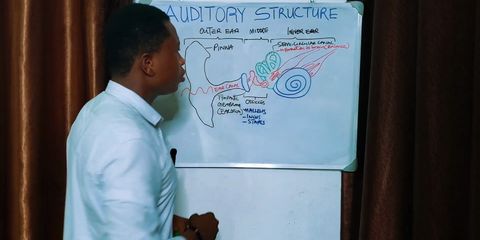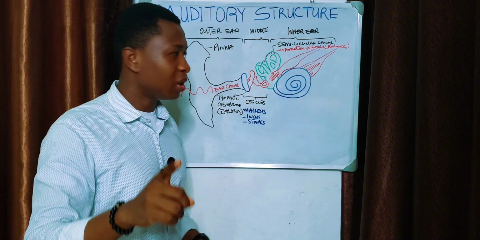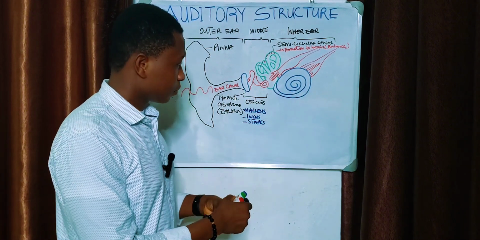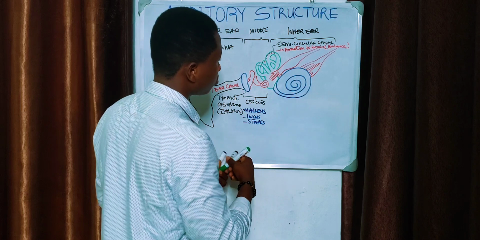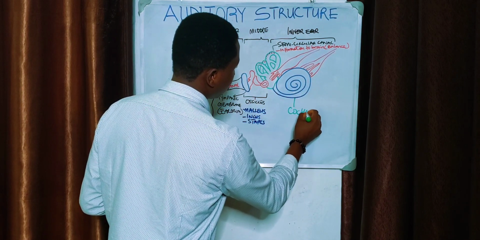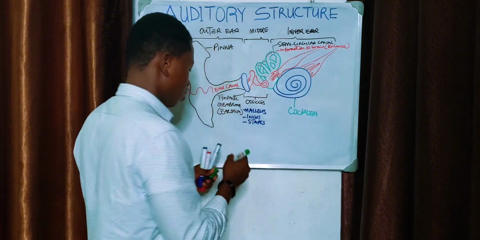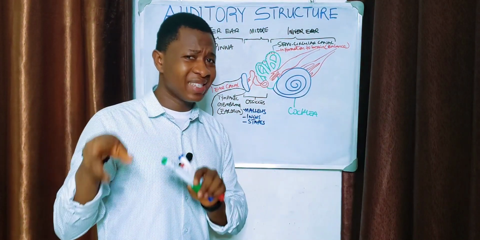The next structure we are going to look at is the most important, actually, which is the cochlea. So this is the cochlea. Structurally, it is spiral in shape, so it looks like a snail.